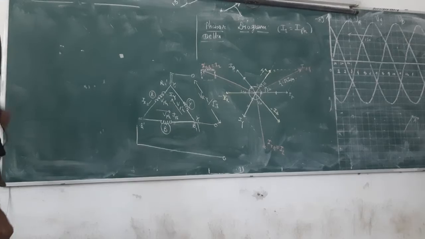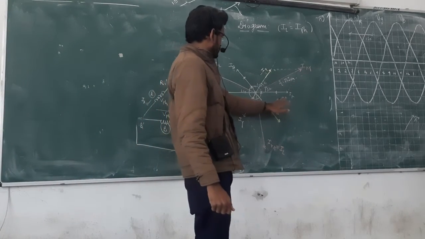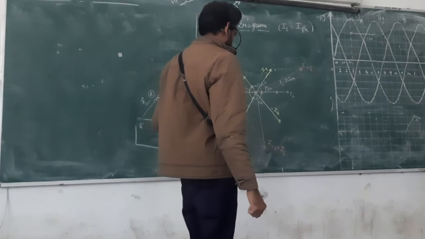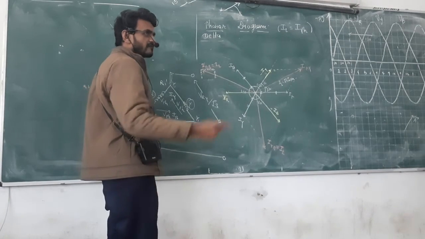Alright. After that, for drawing in delta winding, VL and V phase are the same.